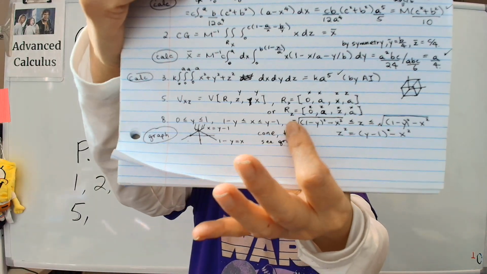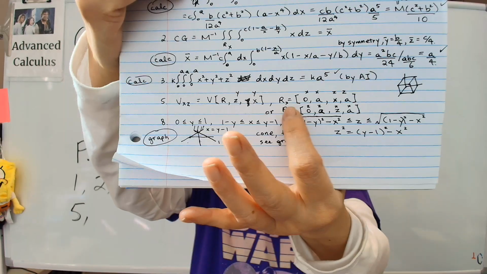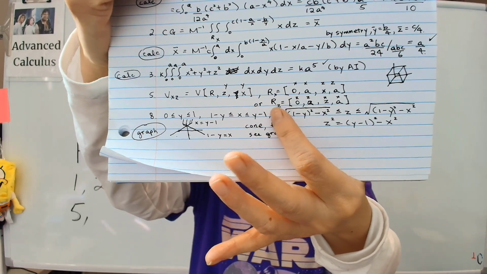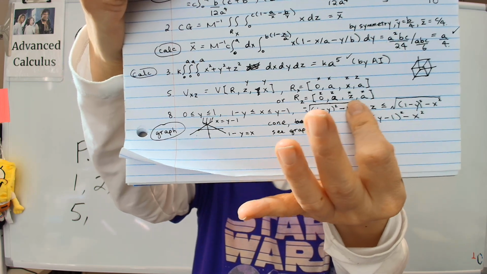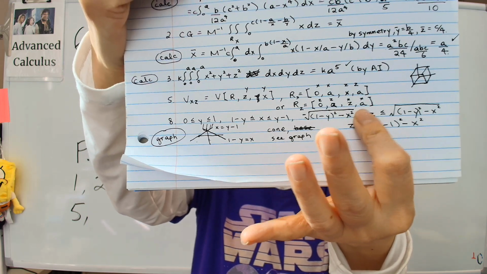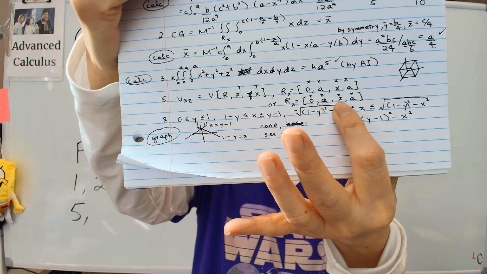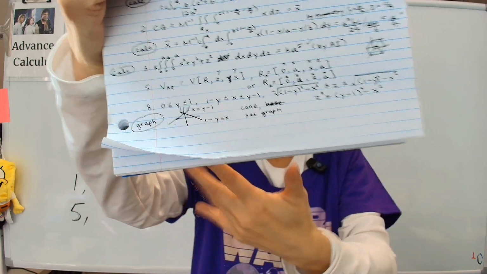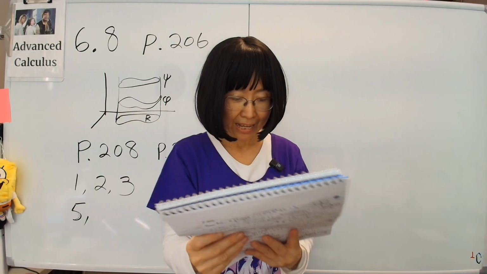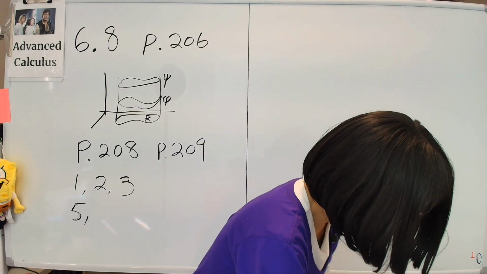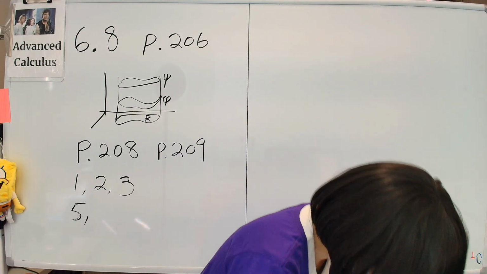The point is that r is described as that shadow on the xz plane. Well, the book chose this answer, so let's focus on that one. Described like this, where z goes from 0 to a, and x goes from z to a. That's all I can say about that. And so that's that. Next, let's look at problem 8, which says, what does problem 8 say?